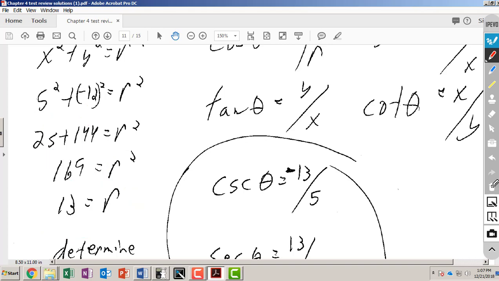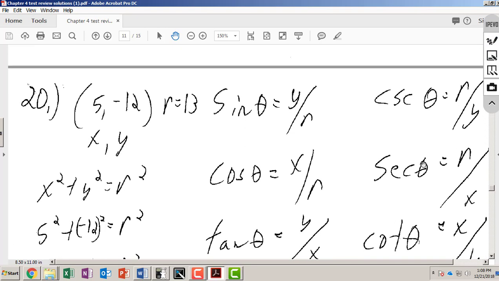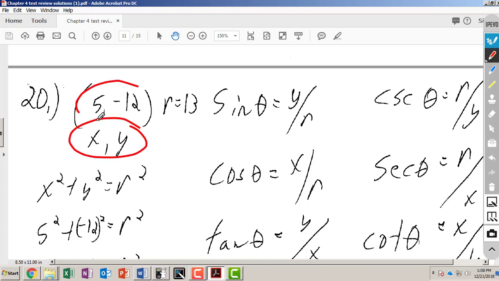So now that I know my r is 13, I can go ahead and fill out my chart here. Here I have my x and y coordinates, 5 and negative 12, and my radius is 13. If I want to find my cosecant, I take my radius divided by the y-coordinate. For my secant, I take my radius divided by the x-coordinate. My cotangent would be my x-coordinate over my y-coordinate.